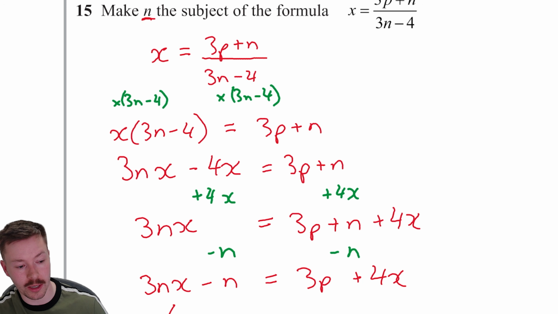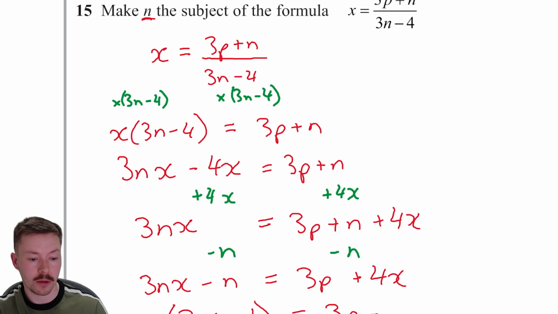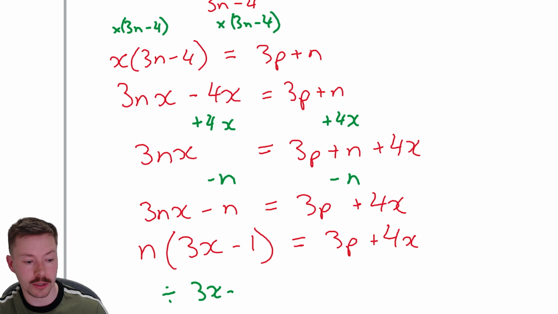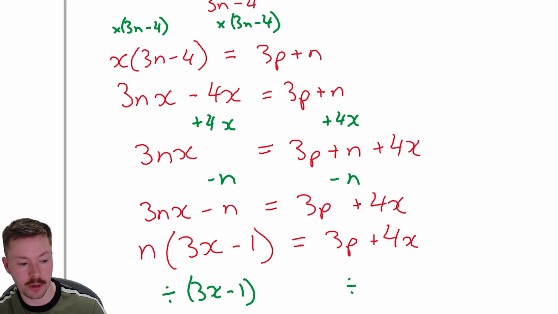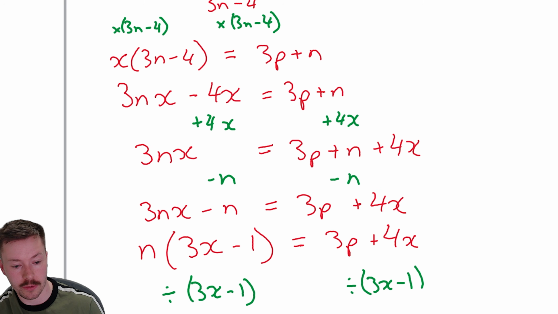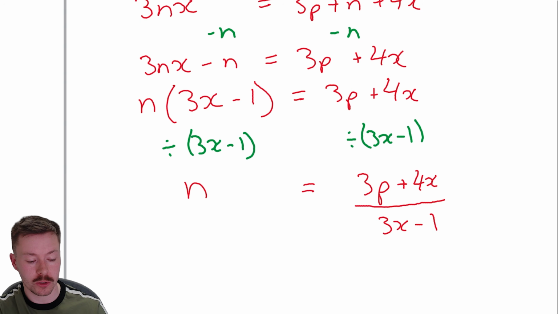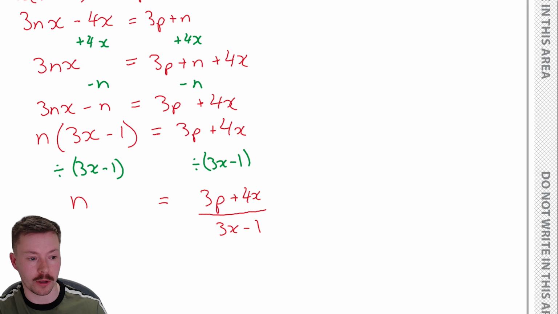So we get n brackets 3x minus 1 is equal to 3p plus 4x. Then I'm going to divide both sides by 3x minus 1. That gives me n is equal to 3p plus 4x divided by 3x minus 1, which is the answer. I'm just going to write that on the answer line. That's my answer.